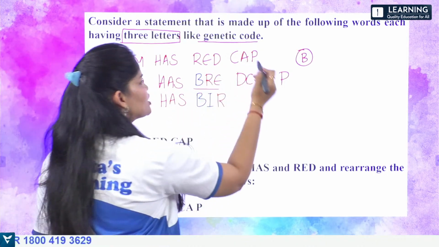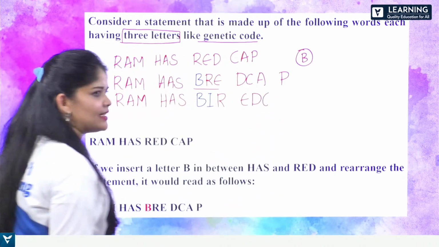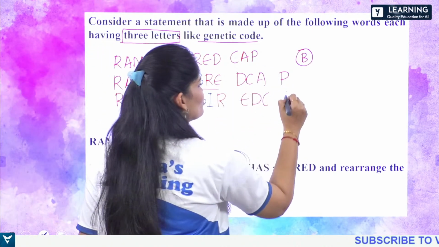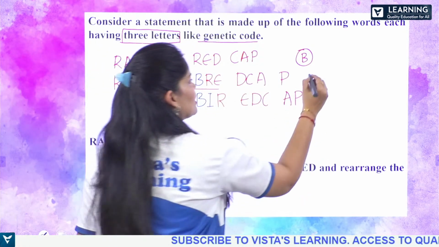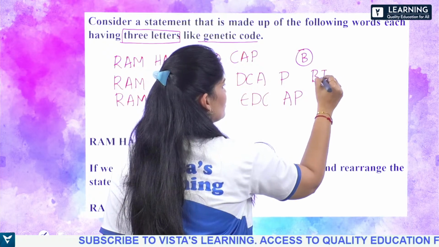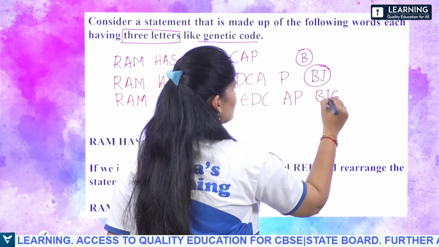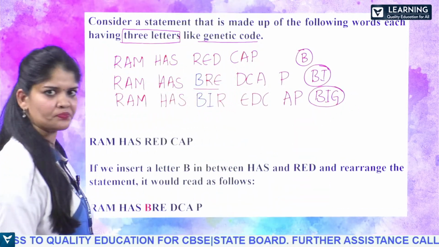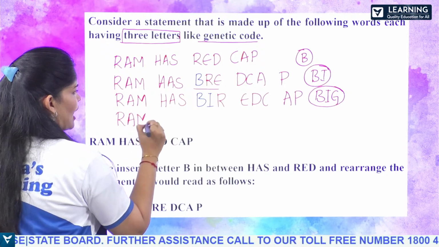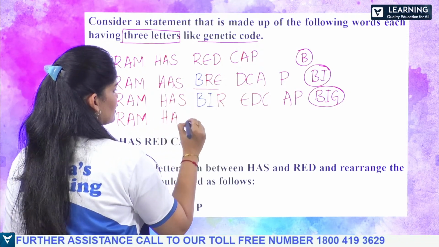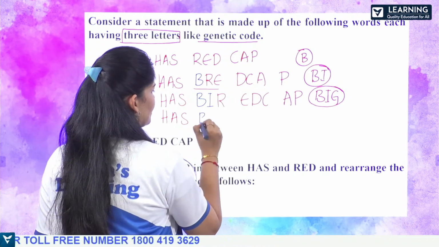Then E will shift to another codon, that is E, D, C. A will shift to another codon. Similarly, here we have inserted B, I. Now let's insert BIG. So, Ram has, the insertion of one complete codon, BIG.